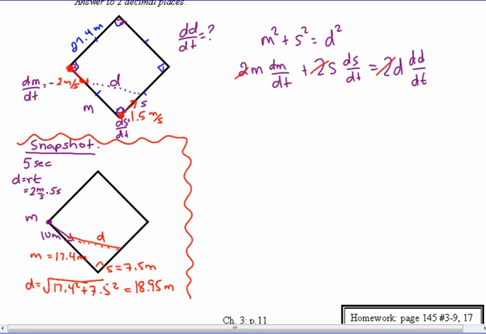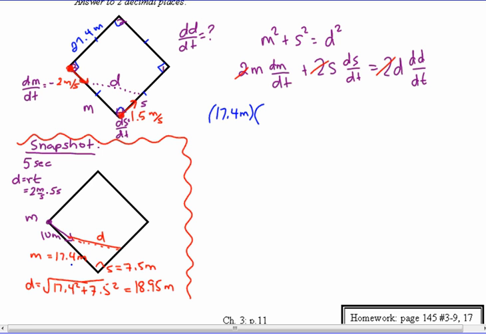Do you want to just go straight to subbing? Yeah, okay, let's sub. What's M? 17.4 meters. Right? Because that's at our snapshot. So she's 17.4 meters from home, 5 seconds after leaving.